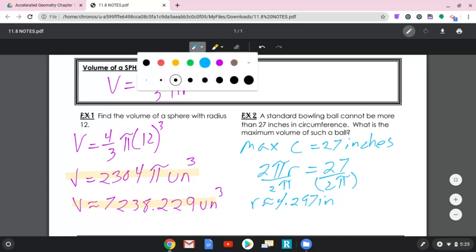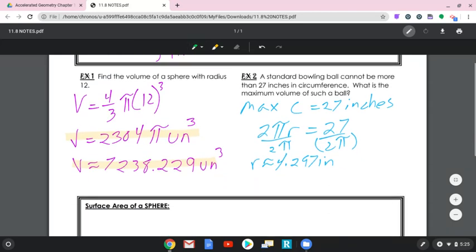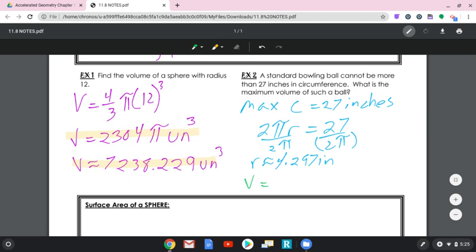So in my volume formula, your volume is 4/3 pi r cubed. So you're taking that 4.297 and you're going to cube it, and you're going to get an approximation.